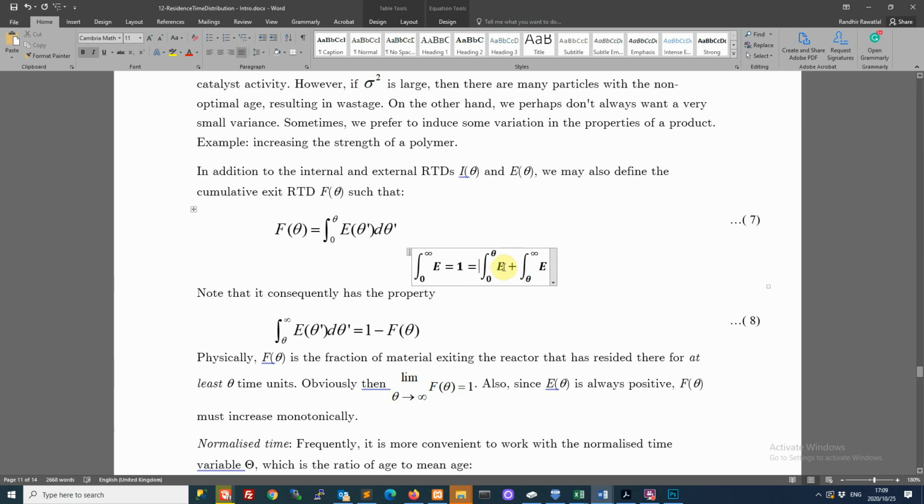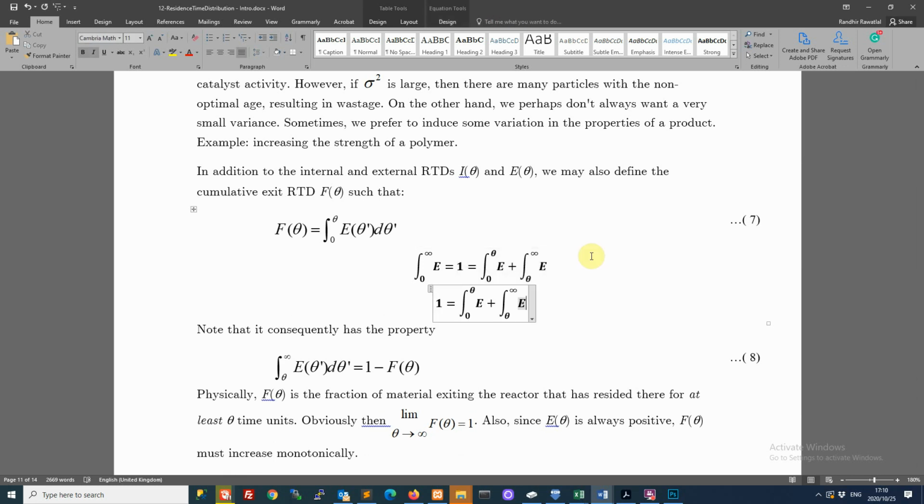So then the integral from theta to infinity is 1 minus the integral from naught to theta, which is the same as 1 minus F of theta.